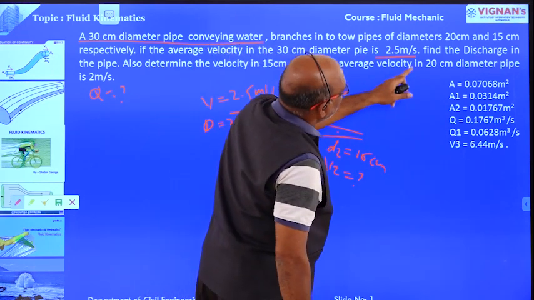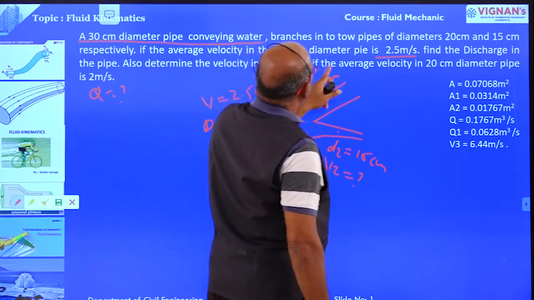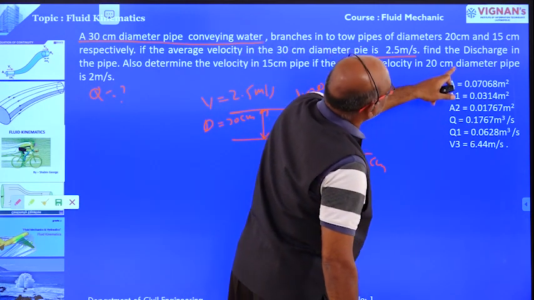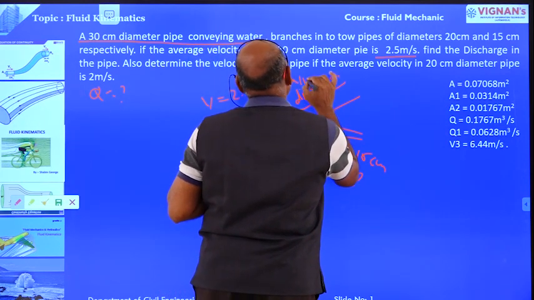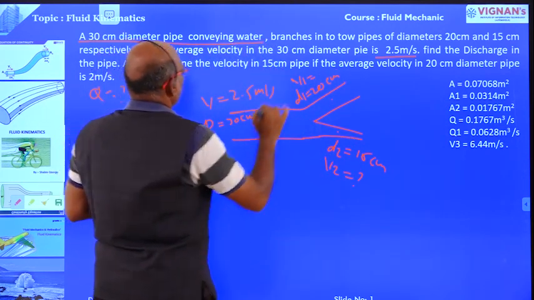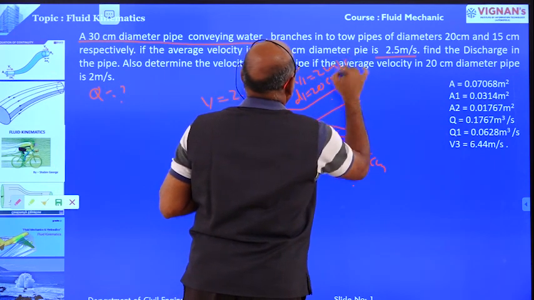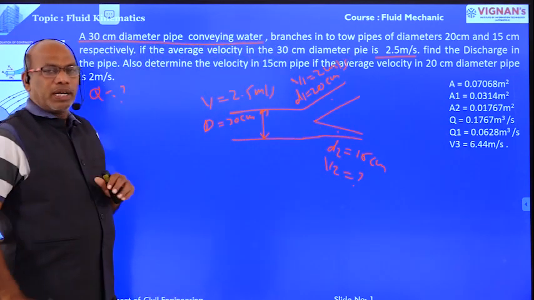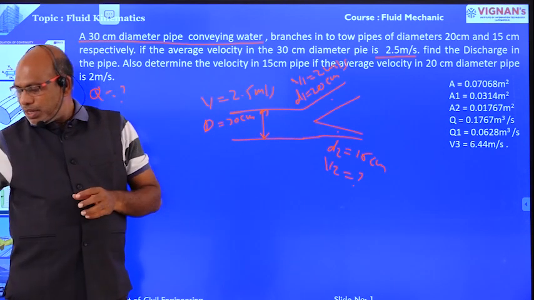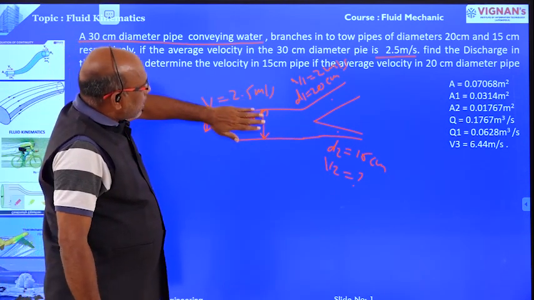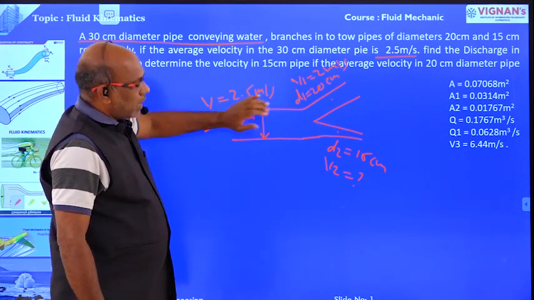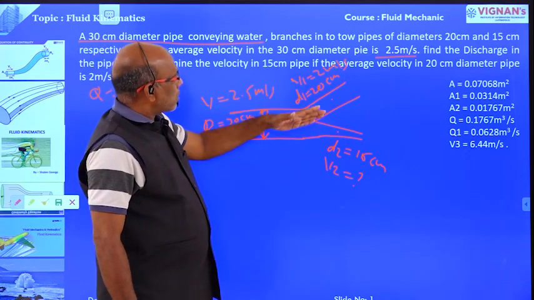If the average velocity in the 20 centimeter dia pipe is given, that is equal to 2 meters per second. Right, this is the given problem. Here a 30 centimeter dia pipe conveys water that branches into two ways.